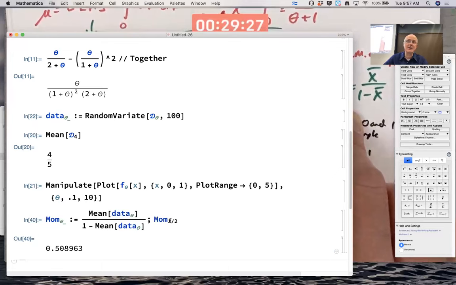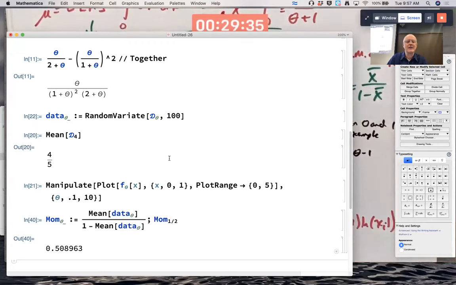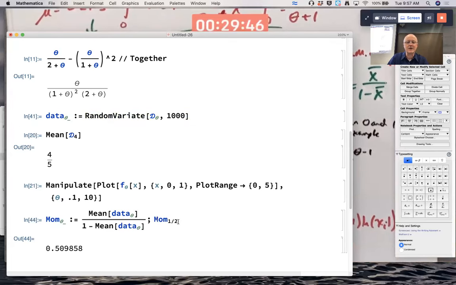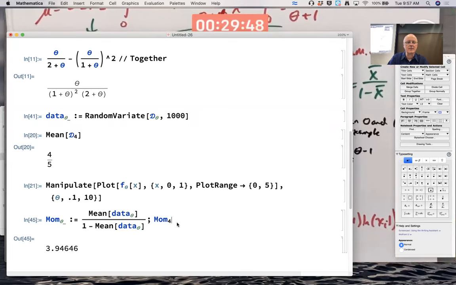I could try to make a histogram to see if it seems close to unbiased over many, many simulations. I could also see if it seems consistent, like if I make my simulation more than 100 data points, say 1,000 data points instead, is it generally closer to 0.5 in this case? If I change the theta to a 4, is it generally closer to 4?